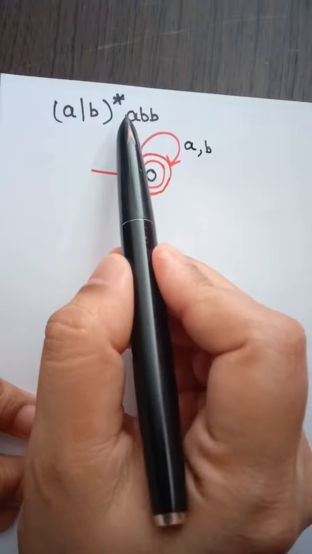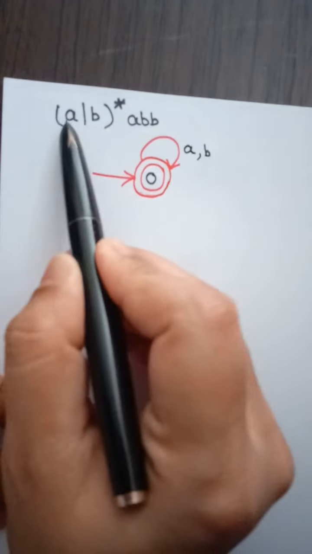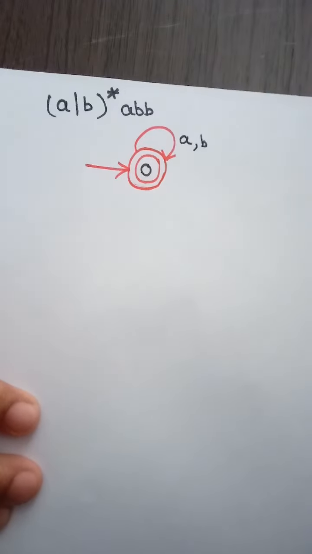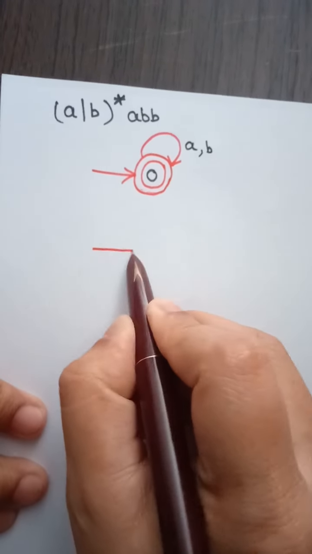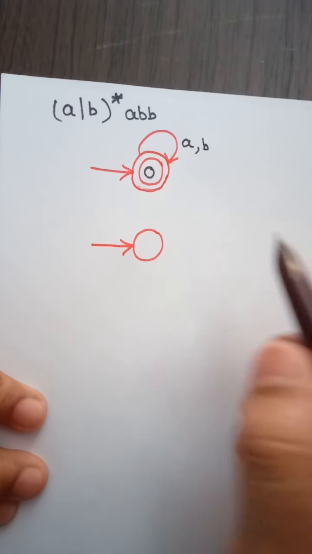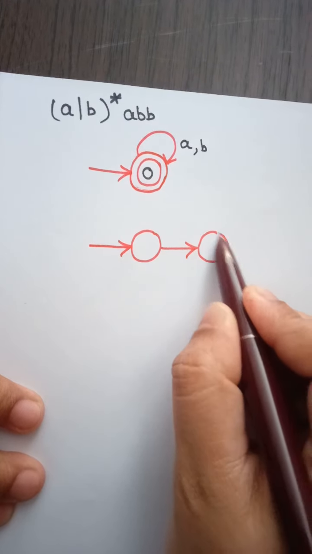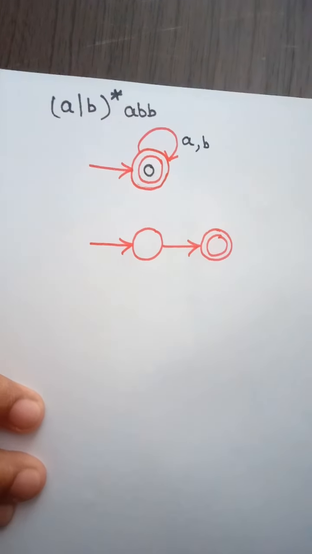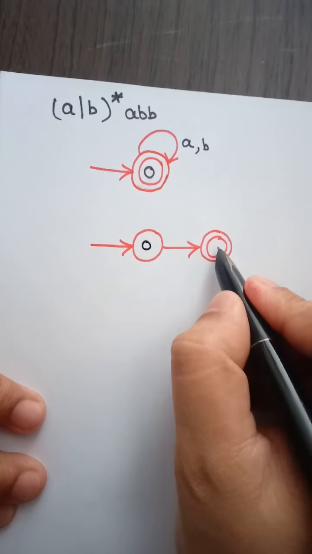Now we need to concatenate a with this (a+b)*. How can we do that? Let this be the initial state. Then we have a transition from this state to another, final state. This is state 0, this is state 1.